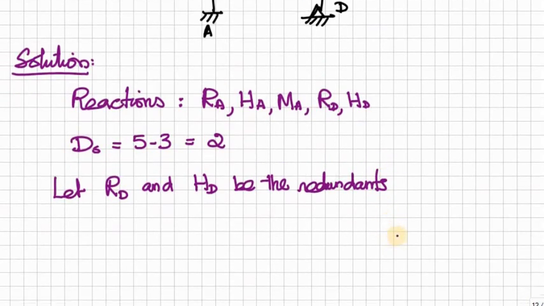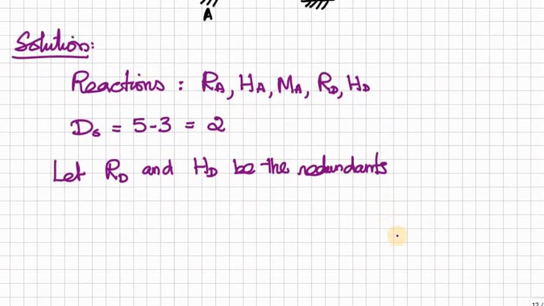Therefore, in this case, we will consider the reactions at support D as the redundant. So the structure will be a simple cantilever portion.